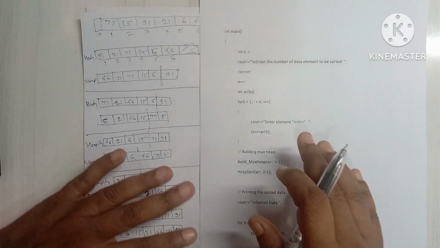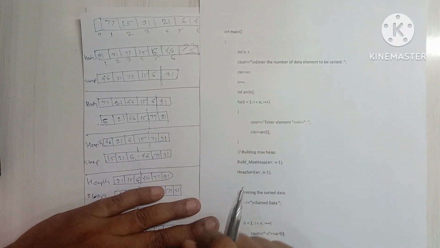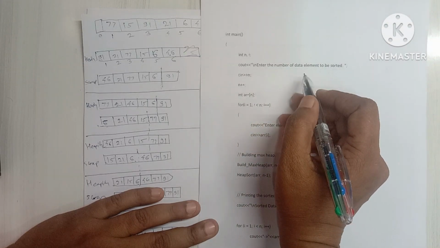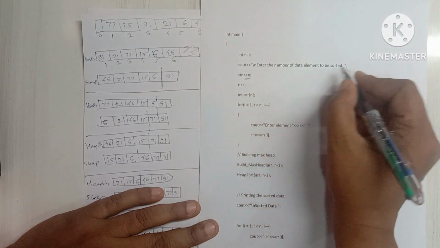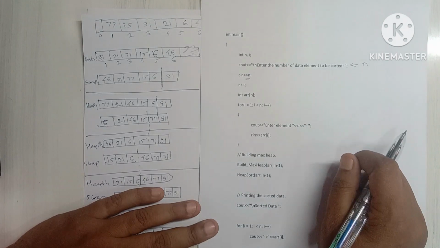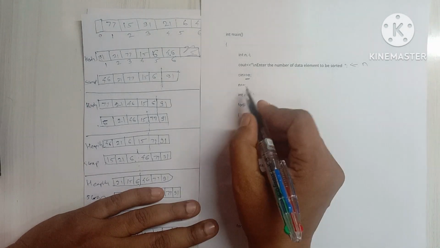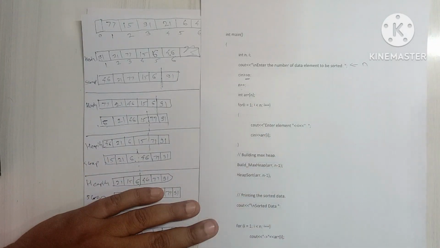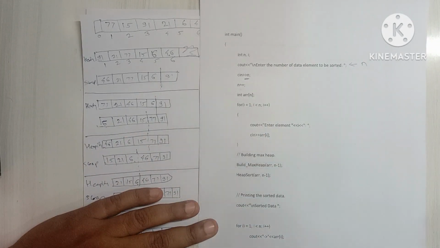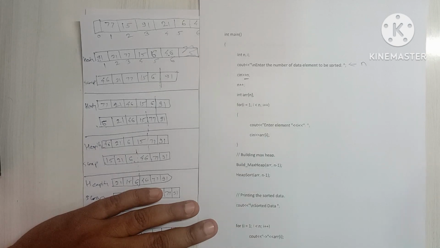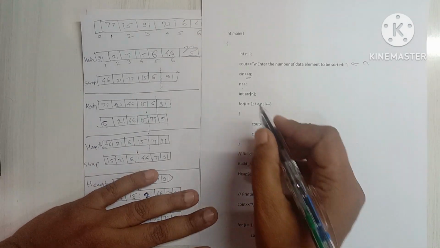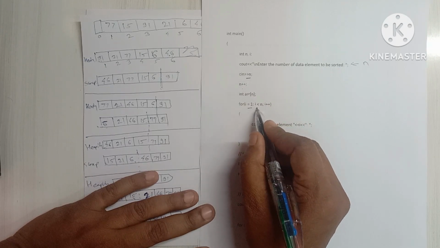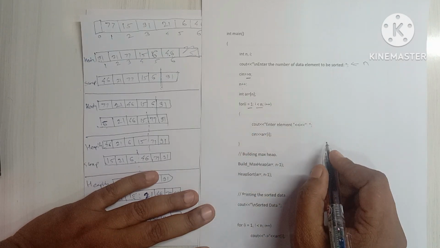Okay, so first of all we'll see what the inputs for this particular program are. The input is the number of elements that we need to sort. Suppose that is n. We need to increment n because we need to store numbers from 1 to 6, 1 to 7, whatever it is. The 0th index should be blank. That's why we have done it here, and we are always starting from 1 to less than n.